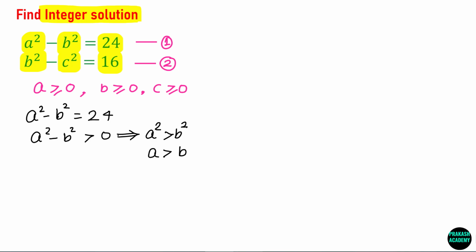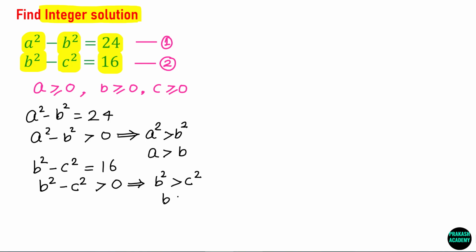Similarly, from equation 2, b square minus c square is equals to 16, which is a positive number. So I can say b square minus c square is greater than 0. This means b square is greater than c square, which means b is greater than c.